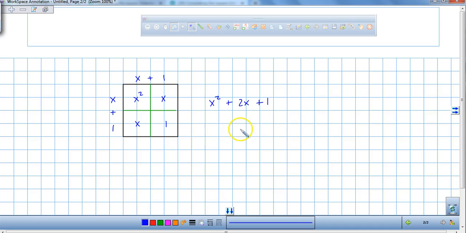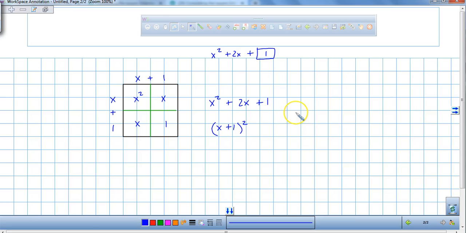So this is x plus 1 squared. If you had just x squared plus 2x and were asked to fill in the constant at the end, our constant is the number 1.